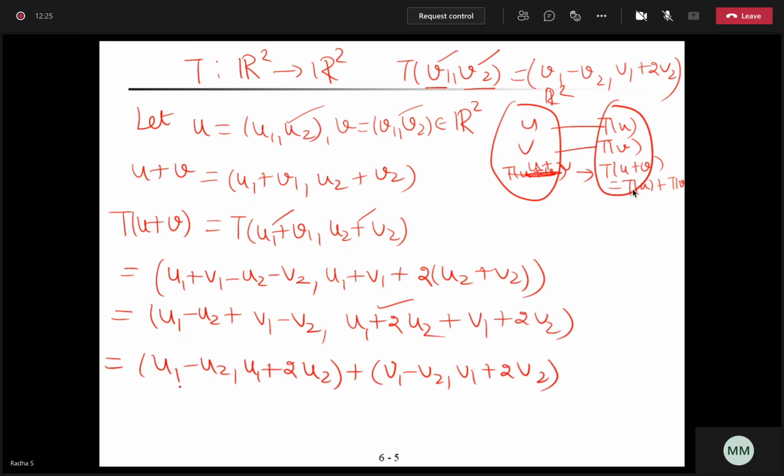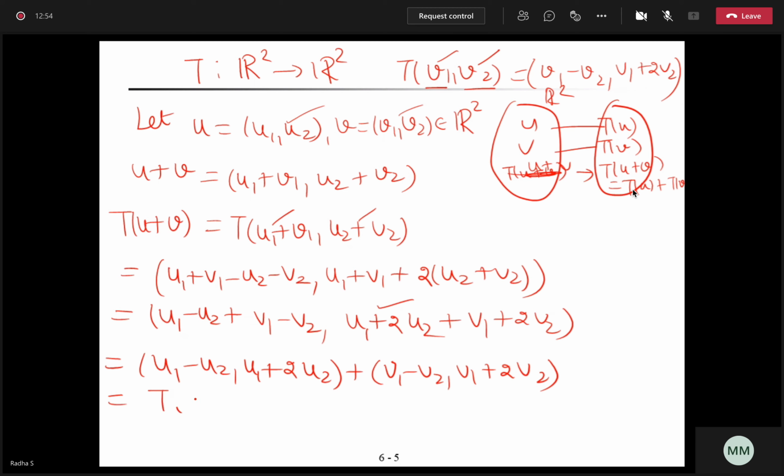Right? So what is this, (u1 minus u2, u1 plus 2u2)? Can anybody identify what is this? Ma'am, the transformation function.